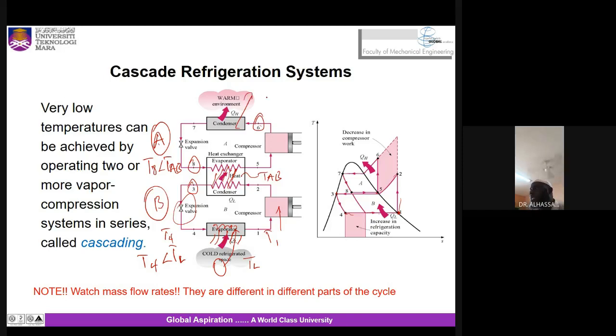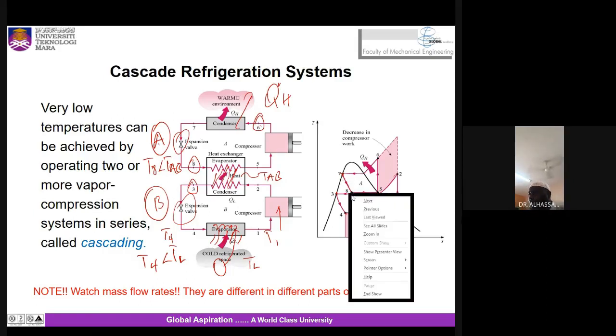Cooling is taking place, QH is being rejected to the surrounding. So then the fluid goes to state 7 before eventually it is throttled down at the throttle valve section to state 8. And then the cycle continues like this.